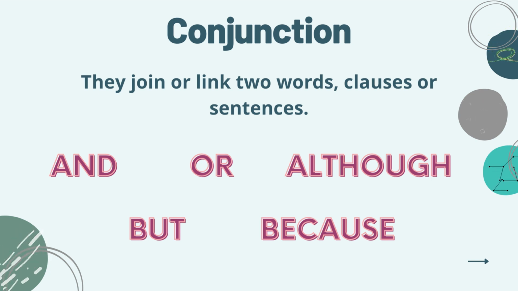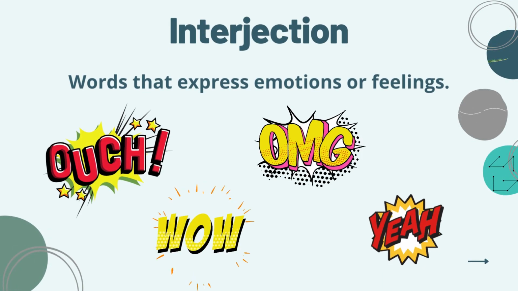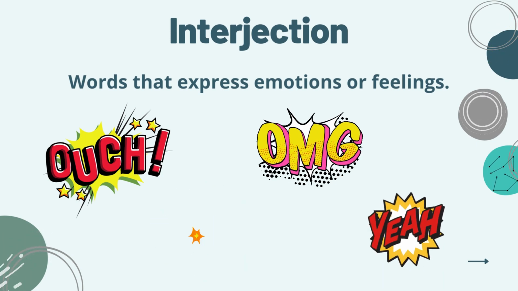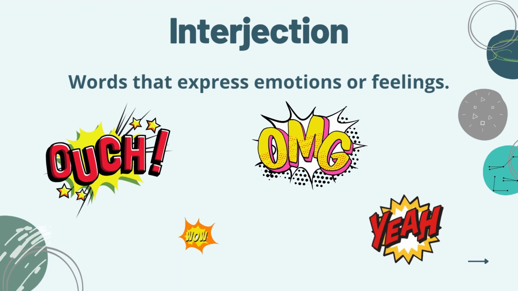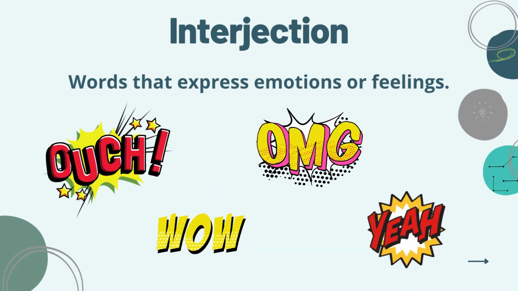For example, and, while, so, although, and there are many others. We will check them in detail further. Interjections. These words express emotions or feelings. For example, ouch, wow, yeah, etc. Interjections usually are one word or one expression.